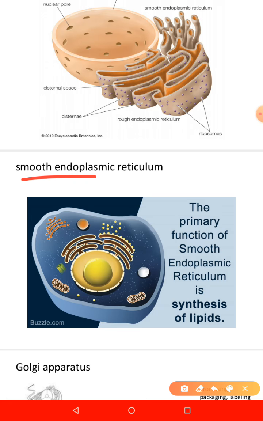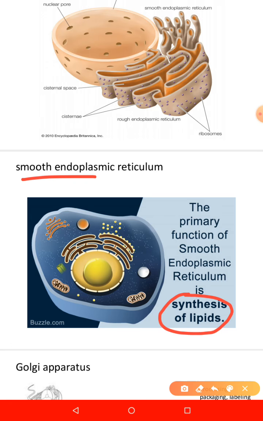So, this smooth endoplasmic reticulum, we haven't mentioned anything to do with the protein synthesis. What it synthesizes mainly are lipids. Okay. So the smooth endoplasmic reticulum is responsible for synthesis of non-protein substances such as cholesterol and steroids.